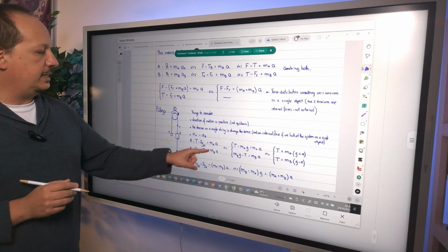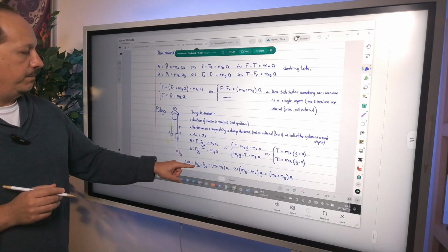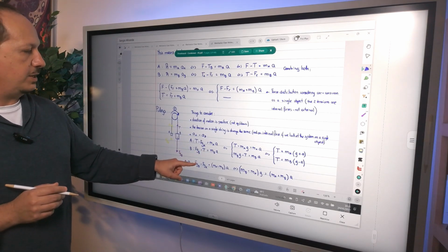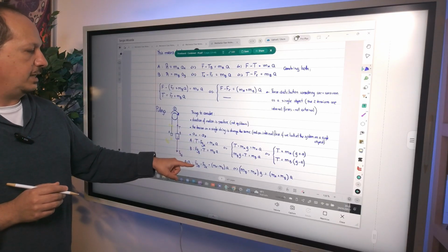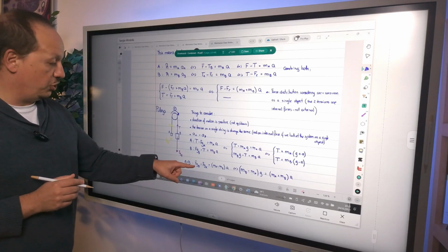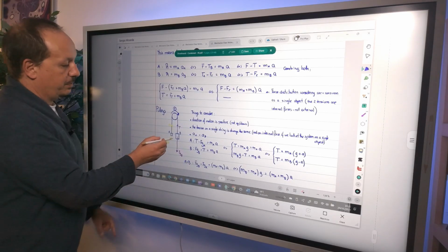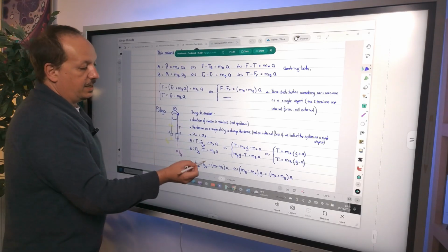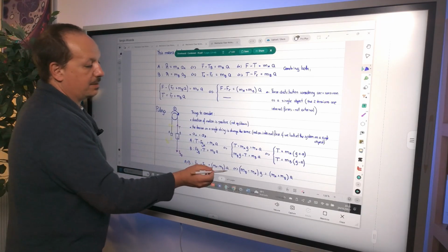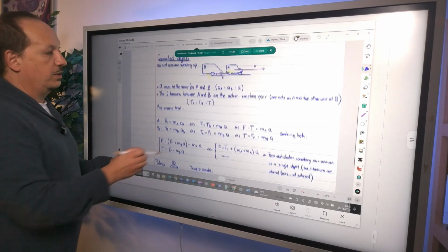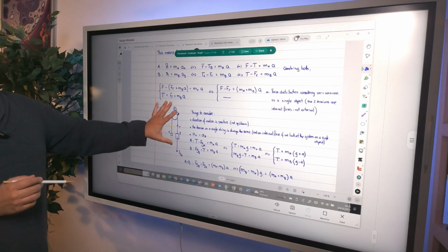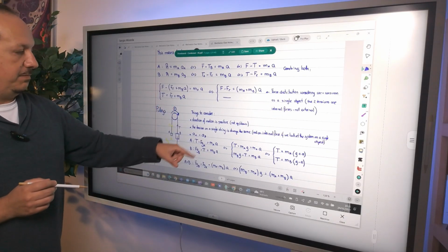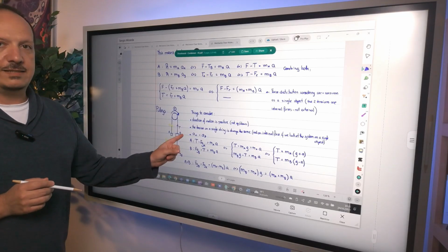And then if I look at this and I add A and B, what is going to happen? I eliminate T, and I know only that FG of B minus FG of A, so basically this minus this, equals the sum of the masses times the acceleration. This is a result similar to this one over here. All right? If you look at this as a single object, again, adding those two, I eliminate the tensions.